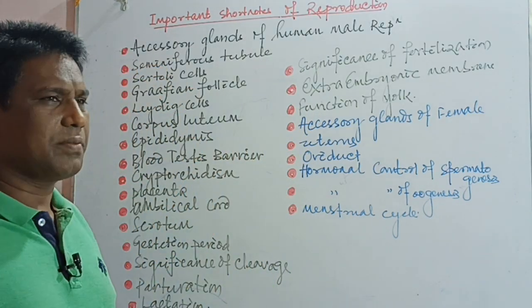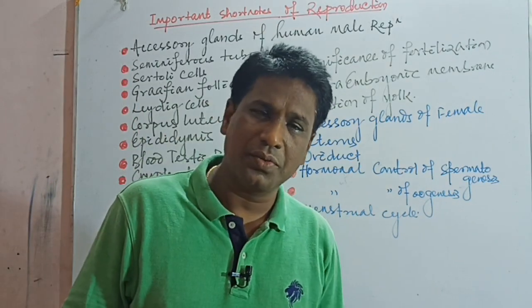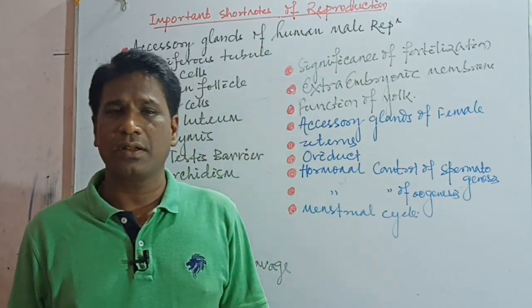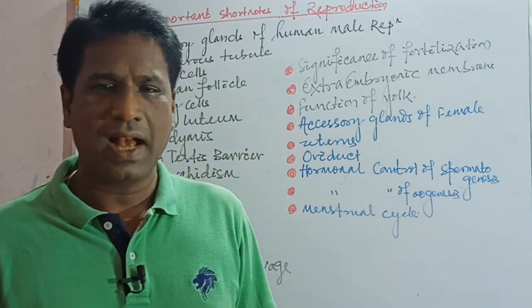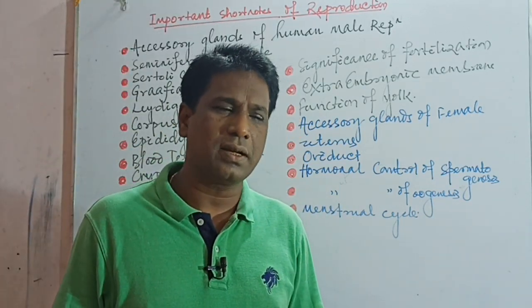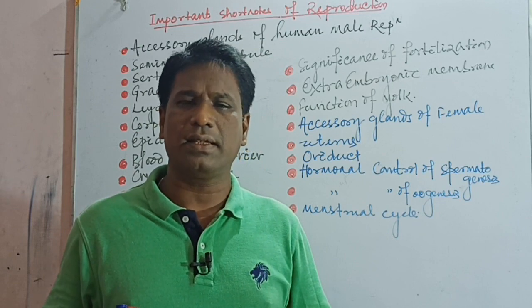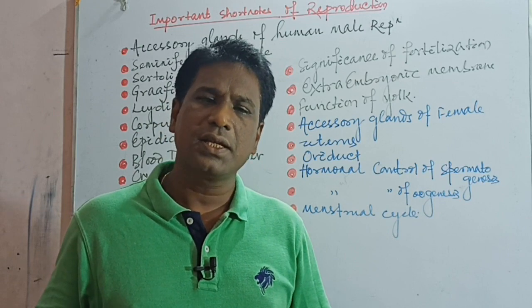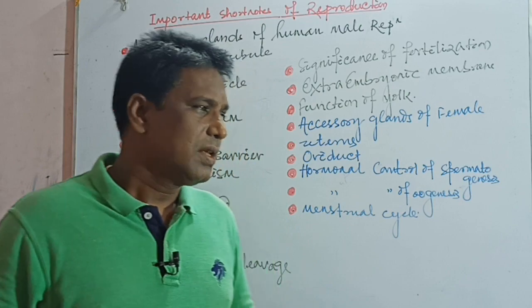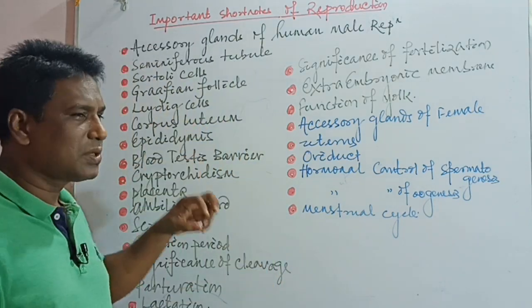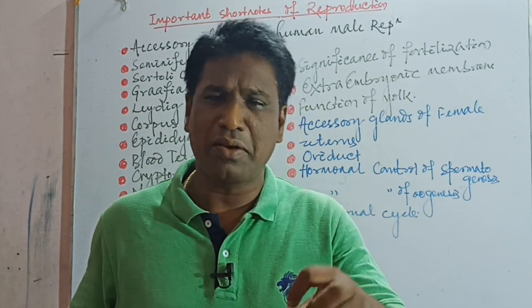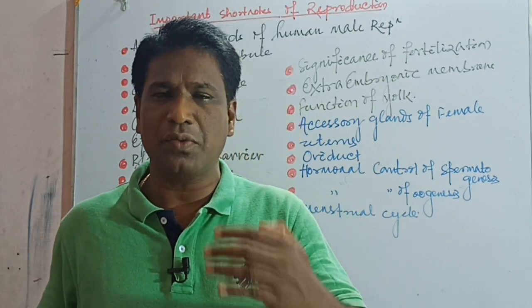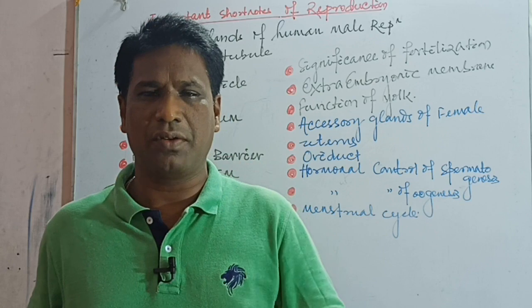Then the second one is the seminiferous tubule. So dear students, the seminiferous tubule is the structural and functional unit of the testis, as it produces spermatozoa. Seminiferous tubules are 75 centimeters long, highly coiled tubules present within the testicular lobe.